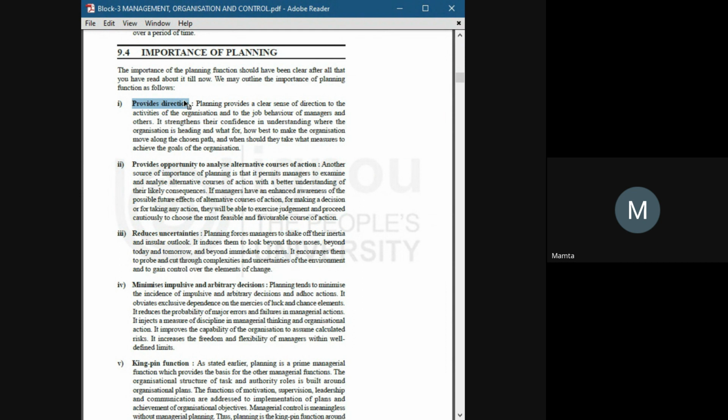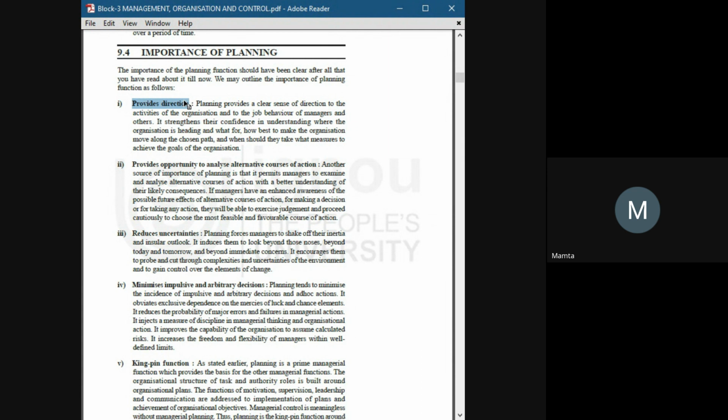So, planning provides a clear sense of direction to the activities of an organization and to the job behavior of managers and others. It strengthens their confidence in understanding where the organization is heading and what for, how best to make the organization move along the chosen path, and when should they take what measure to achieve the goals of an organization.